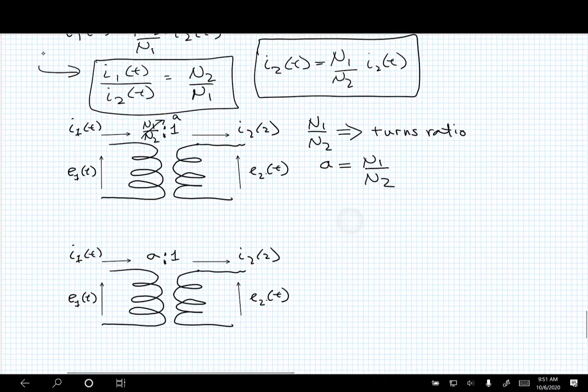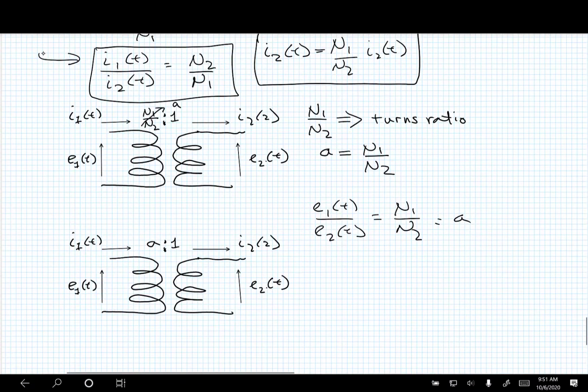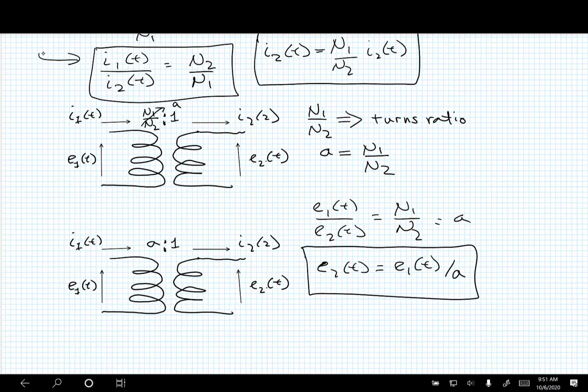First, up above we talked about the ratio of the voltages: E1 of t over E2 of t is equal to N1 over N2, or A. So I could say E2 of t is equal to E1 of t divided by A, divided by the turns ratio.